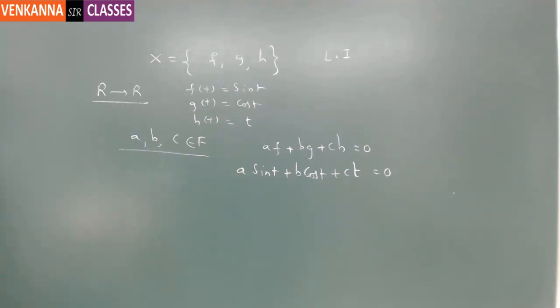If you can find some non-zero values for A, B, C, then it is linearly dependent. Here we need to understand that in that linear combination we have considered the result as 0 for all values of t in R, because the functions are defined from R to R.